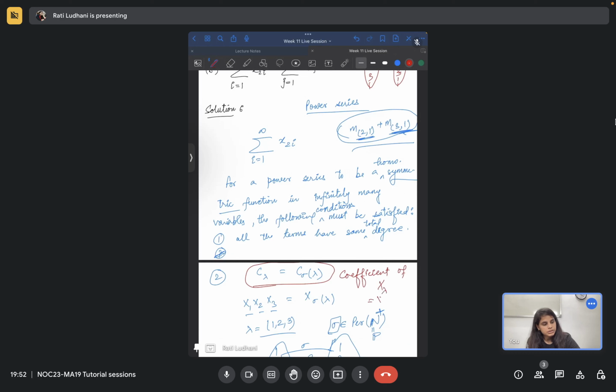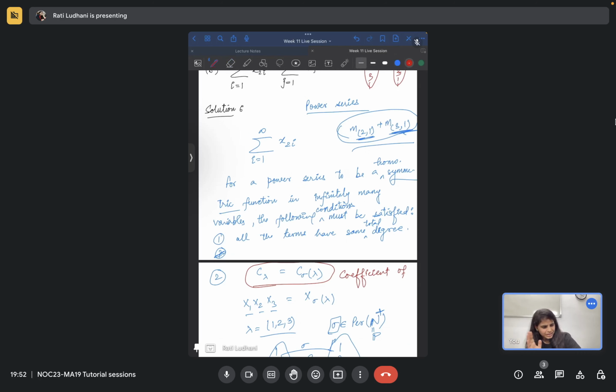The coefficient of x lambda means, whatever lambda is, like lambda 1 2 4, then it will be x1 x2. I'm not writing it in an exact way, but you can write x lambda 1, x lambda 2, something like that, because there could be powers also.